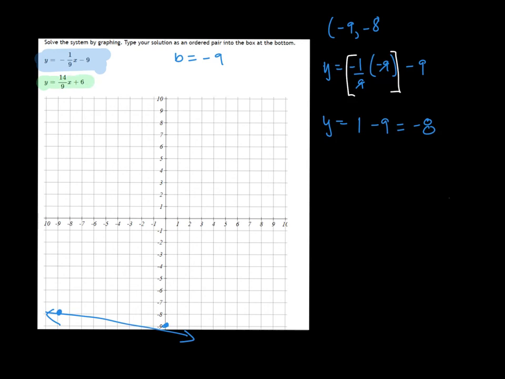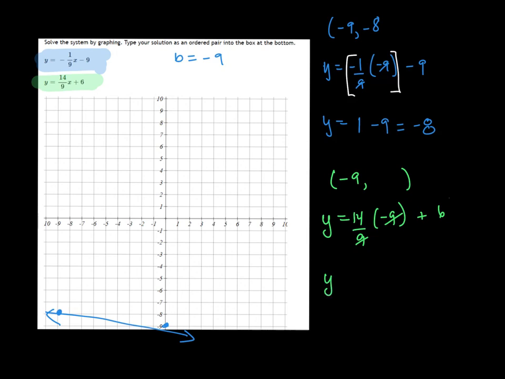So I'm going to go through and use the second fraction. Now my second fraction also has a 9 in the denominator, so I'm going to use the same value I used last time. Last time in the other equation I used -9. I'm going to do the same thing here. So let's see what happens when I plug -9 into this. So it's going to be y is equal to 14 over 9 times -9 plus 6. The 9's reduce into each other and equal -1.